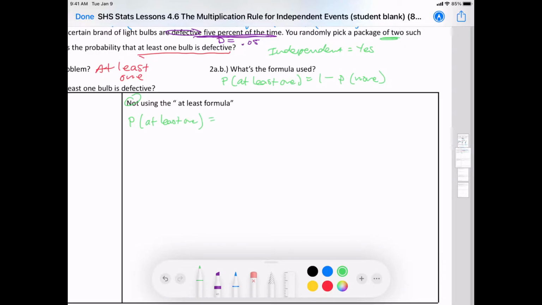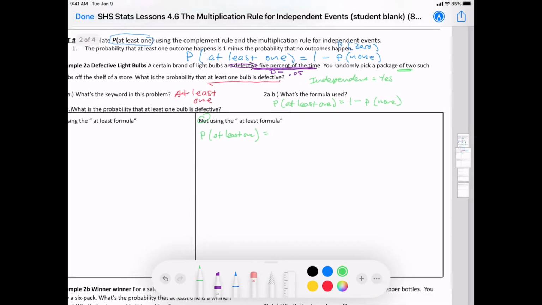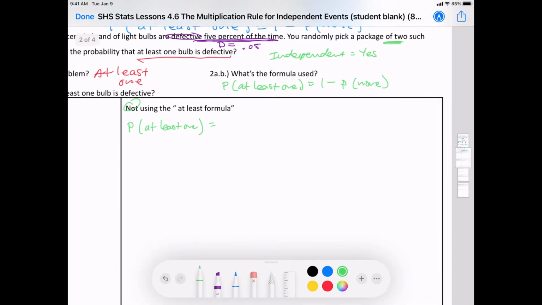Okay. We're trying to find those that are defective. Okay, what's the outcomes of one of these being defective? So it's possible that the first bulb we pick is defective, and then the second one is not defective. Remember, C means not.